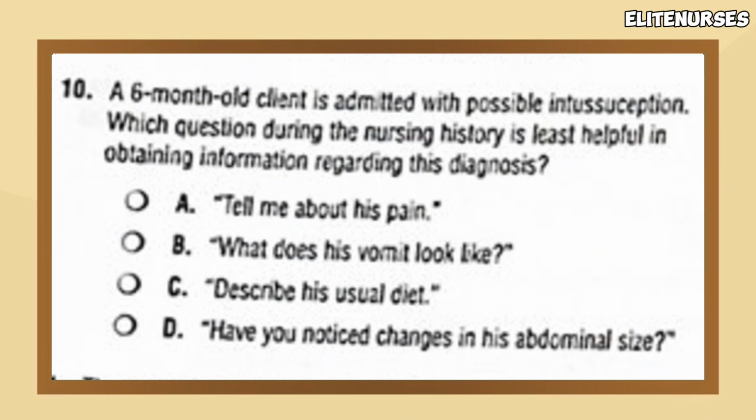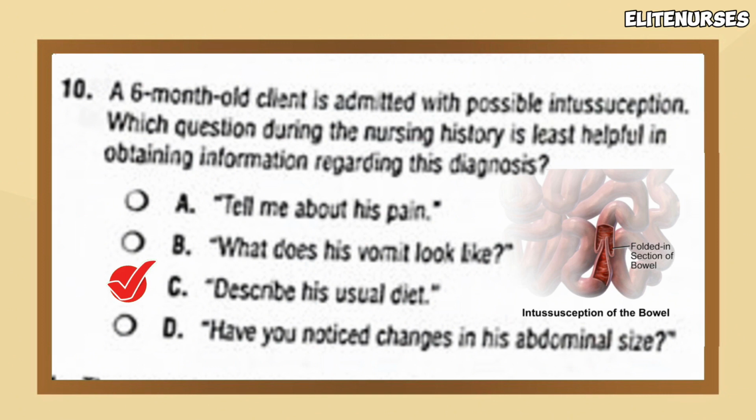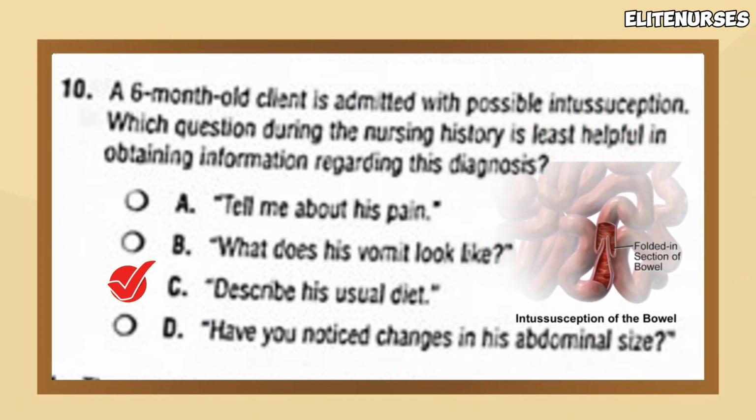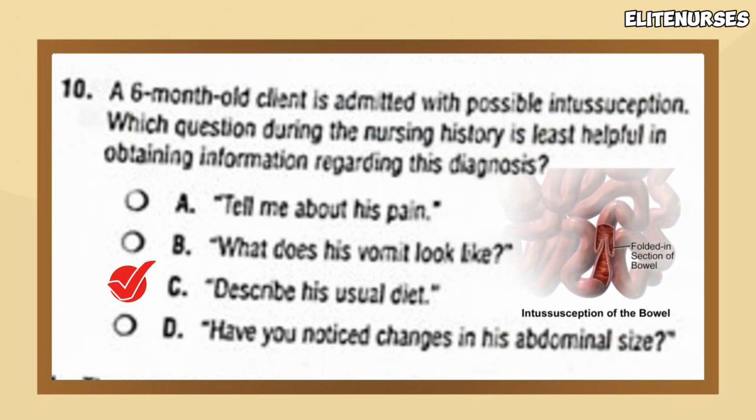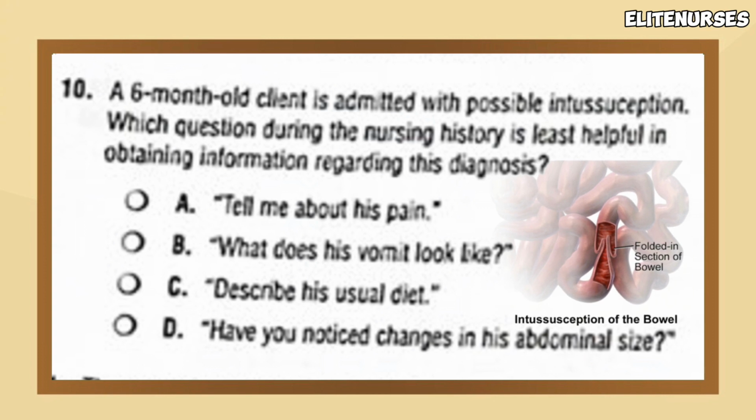Okay, so we know that A, B, and D are useful in determining the extent of the disease process. Yes, so they are incorrect. But then we have to know the meaning of intussusception. Intussusception is a medical condition where one part of the intestine slides into another part, similar to how the parts of a telescope slide into one another.